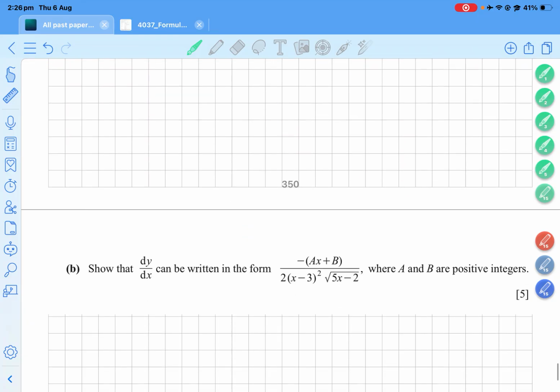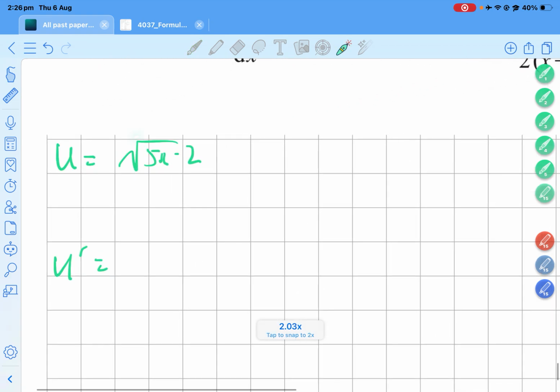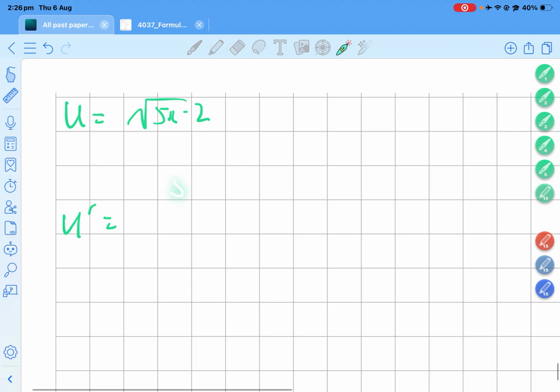So we're going to say that u is the square root of 5x minus 2, and then u prime, if we call the inside a, is 5 over 2 root a, so it would be 5 over 2 square root 5x minus 2.